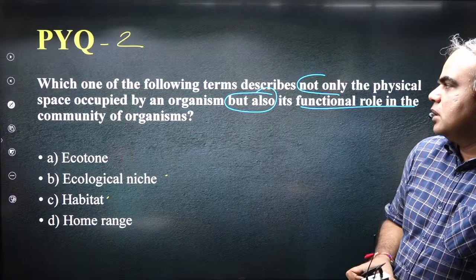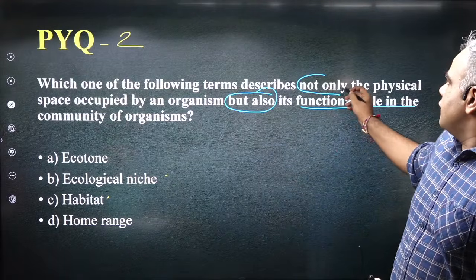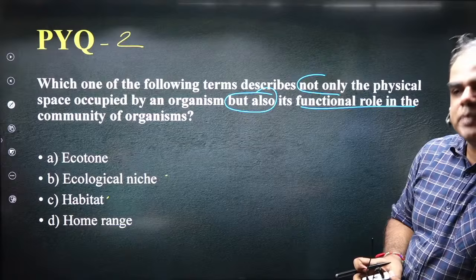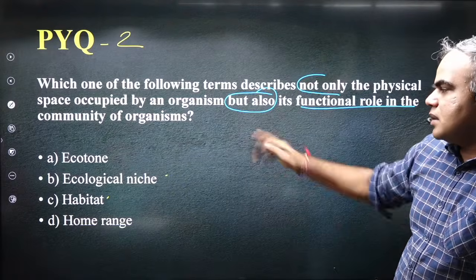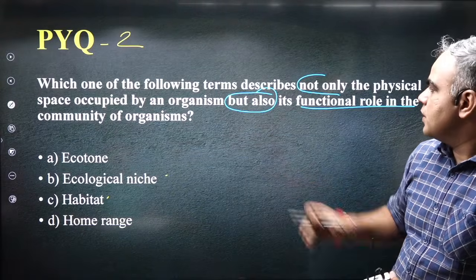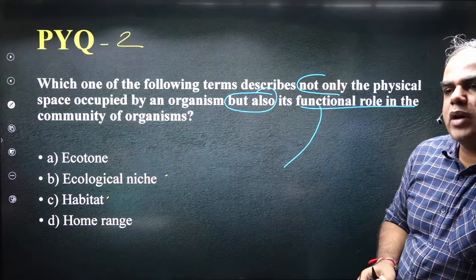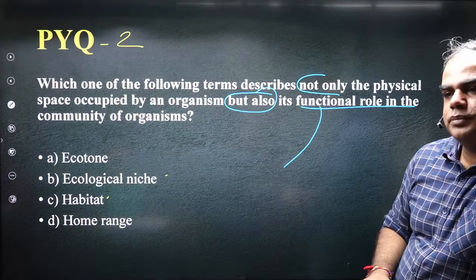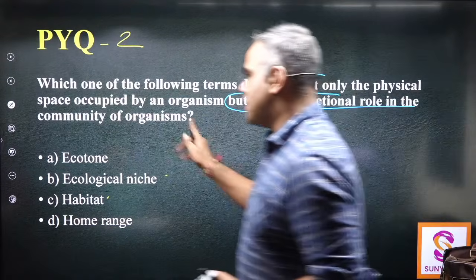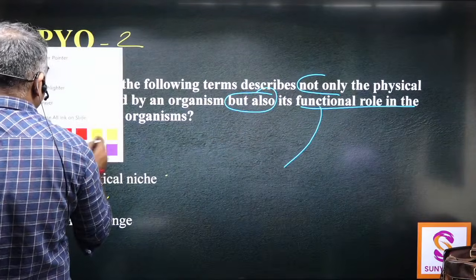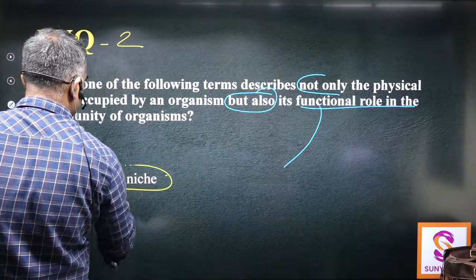Okay, but in this question, if the question was purely about the physical space, then the answer should have been habitat. But the moment they ask you the unique functional role of the organism, the answer becomes ecological niche. But please remember there are two more things.